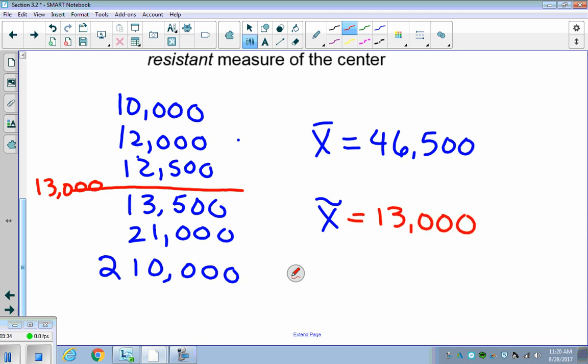So that's a great example of when the median would be a better measure. The median would be a better measure of center, because the mean was affected by that one high salary.